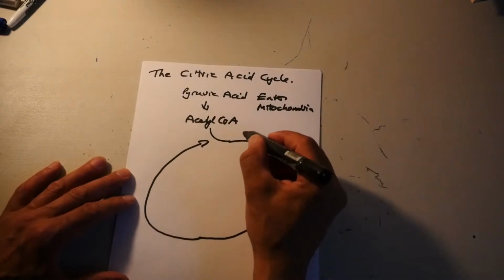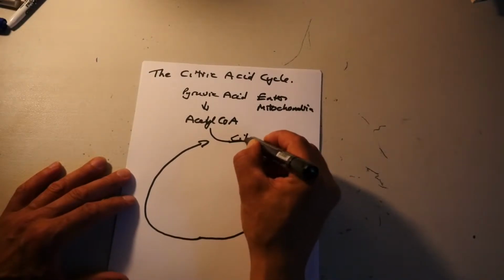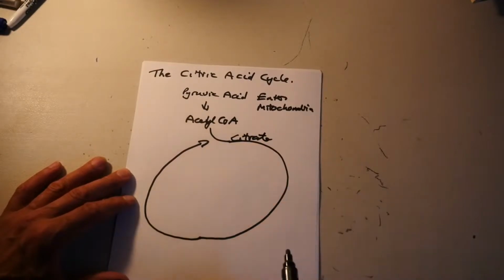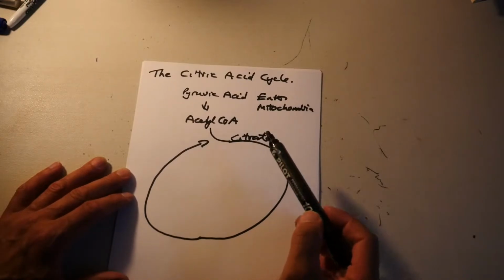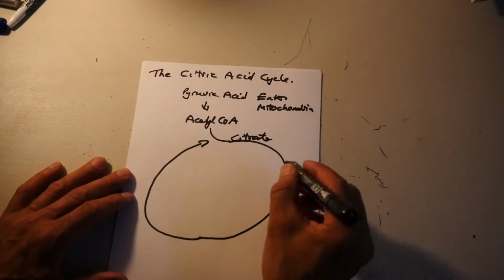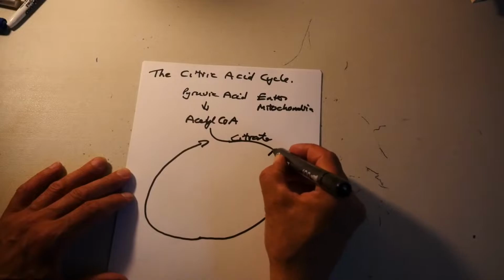So it first forms citric acid, or citrate. That's why it's called the citric acid cycle, because the first molecule is called citric acid. And then this cycles around.